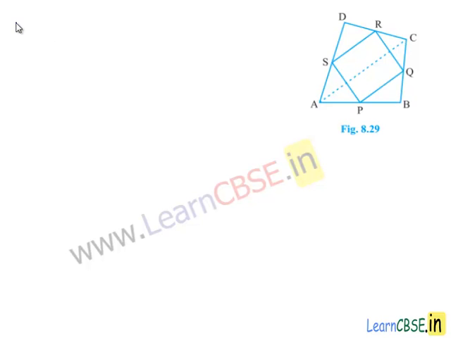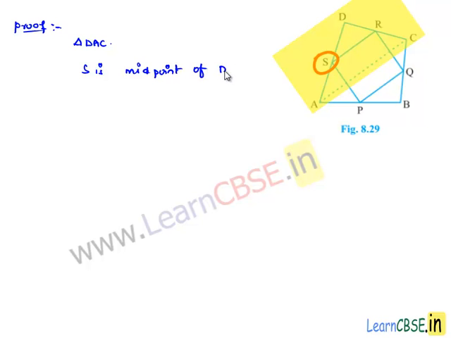Now, in order to prove those, let us follow a procedure. Initially, let us consider triangle DAC. In triangle DAC, S is midpoint of DA and R is midpoint of DC.